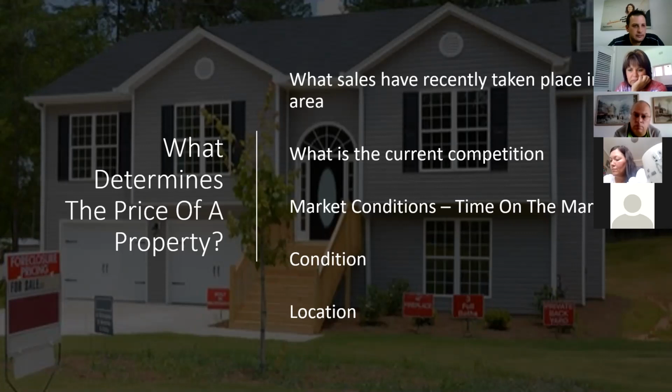Location. Okay, so location does play a massive role. But when you look at our listing presentation and you look at the 3 things that we talk about, we don't mention location as one of the 3 things, and there's a reason for it. The reason we don't talk about it too much is because when we show the client the report on what has recently been sold in the area and what they're competing with, we are only looking at properties in their surrounding suburb.